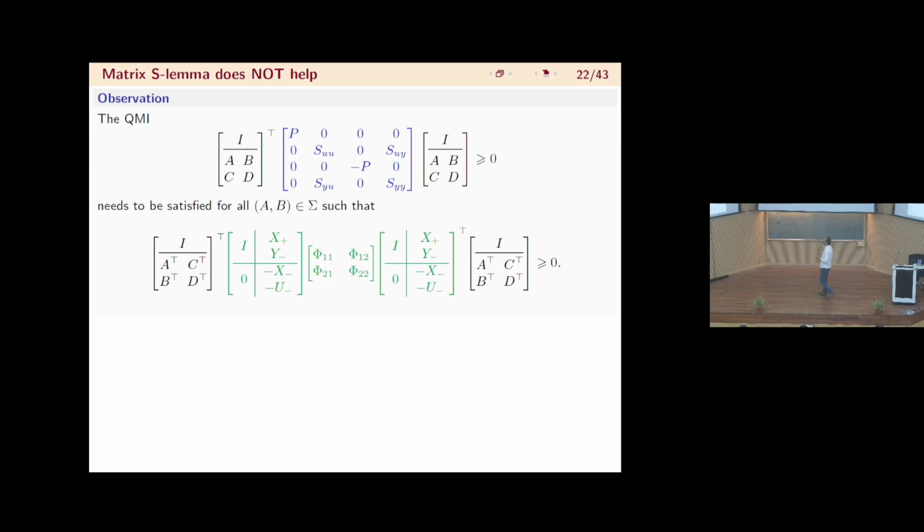And it is the following. This is the QMI for the green one that gives me the set of data consistent systems. And the blue one is for the dissipativity analysis. But I cannot apply the matrix S lemma because there is a kind of mismatch.